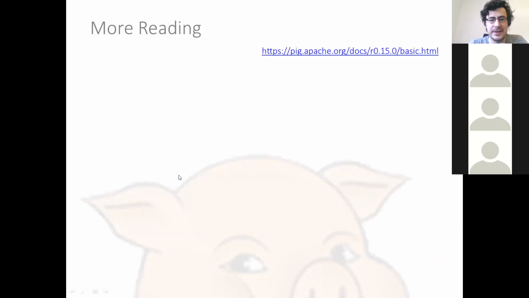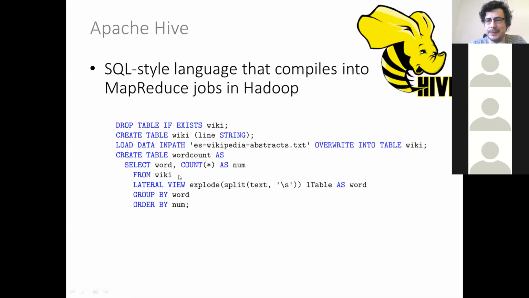In any case, I quite like this line by line paradigm versus trying to create a kind of query like this. It's more similar to SQL, but I think Pig is more intuitive, but both are very commonly used in practice. I'm not going to speak about both because they're very similar concepts. Once you know Pig, you could easily pick up Hive if you need to use it in another setting.